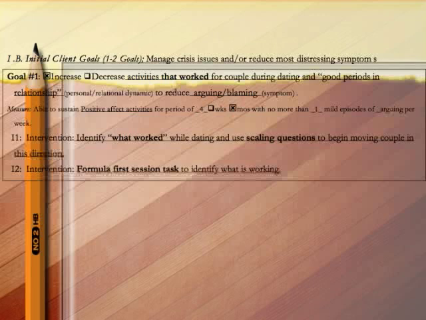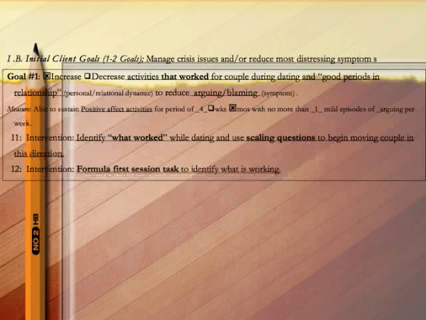Here you can see the goal is phrased beginning with either increase or decrease. You can use any type of verb that indicates a change in some way, but I recommend working with increase, decrease, something along those lines, so that you don't inadvertently begin writing down a technique as if it were a goal.